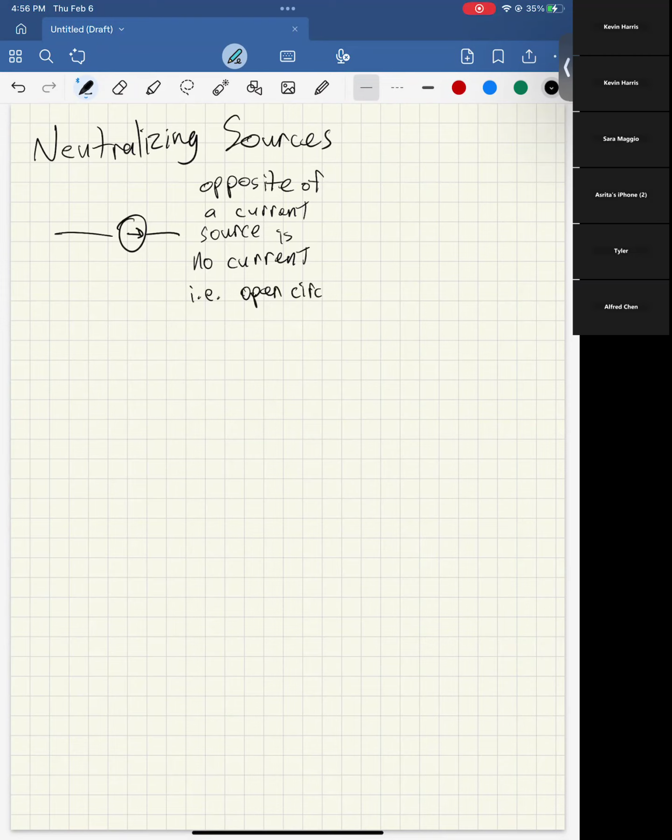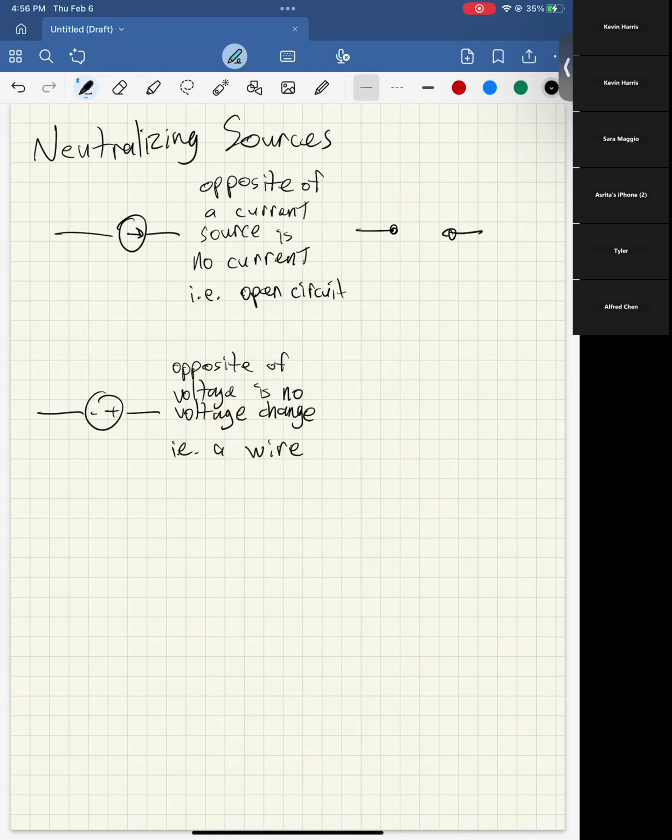So when you're neutralizing a current source, it becomes an open circuit. And when you're neutralizing a voltage source, the opposite of a voltage source is no voltage difference or no voltage change, i.e. a wire.